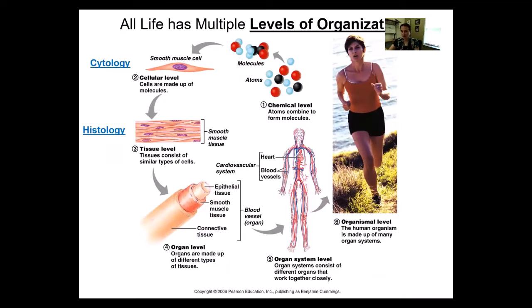So at the smallest level, and where we're actually going to start beginning tomorrow, is the chemical level. Okay, so here we have atoms, the smallest units here, combined to form molecules given ionic bonds, covalent bonds, hydrogen bonds, etc. So atoms come together to form molecules.